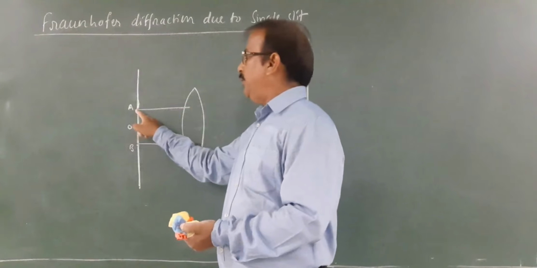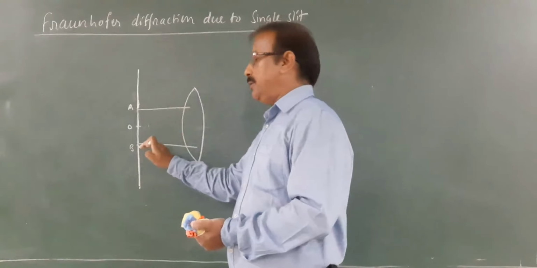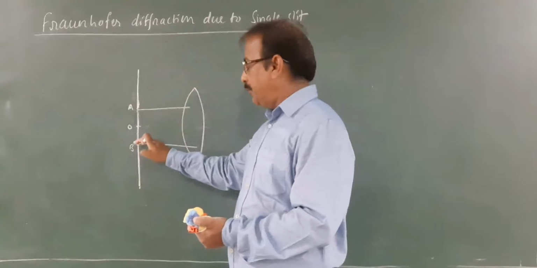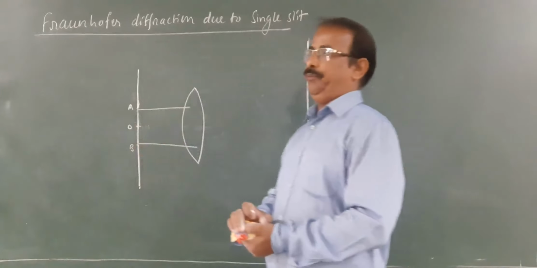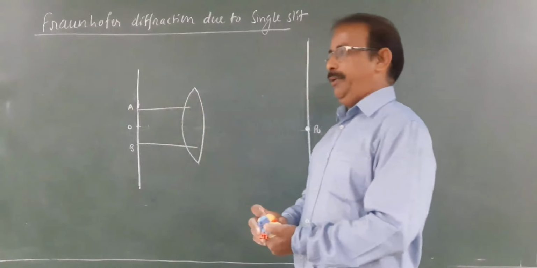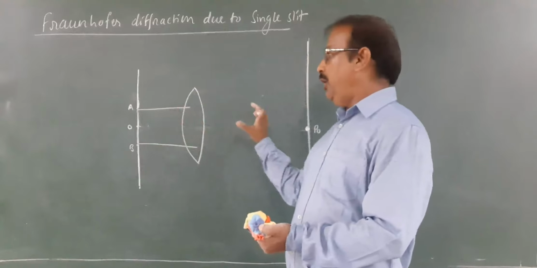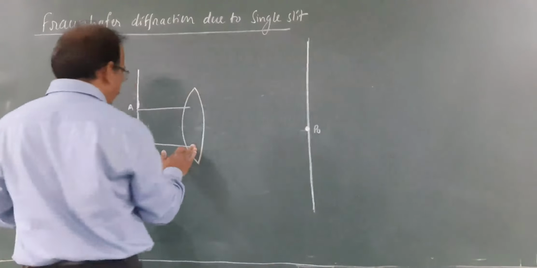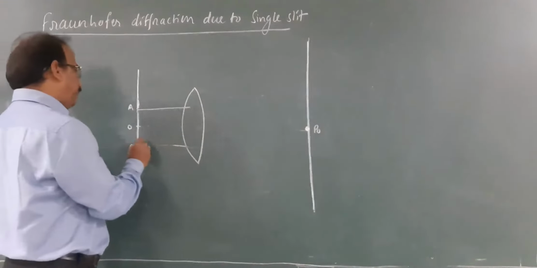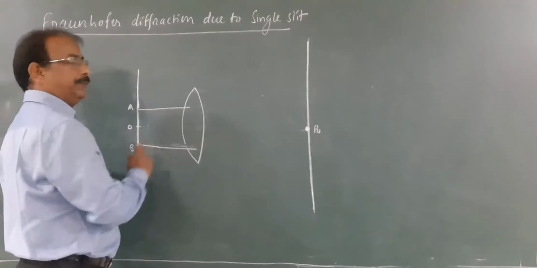Suppose I take the upper end point, then the second point you should take as the lower end point. Take such pairs on this plane wavefront and see how the paths covered by the light waves from these pairs of points compare.